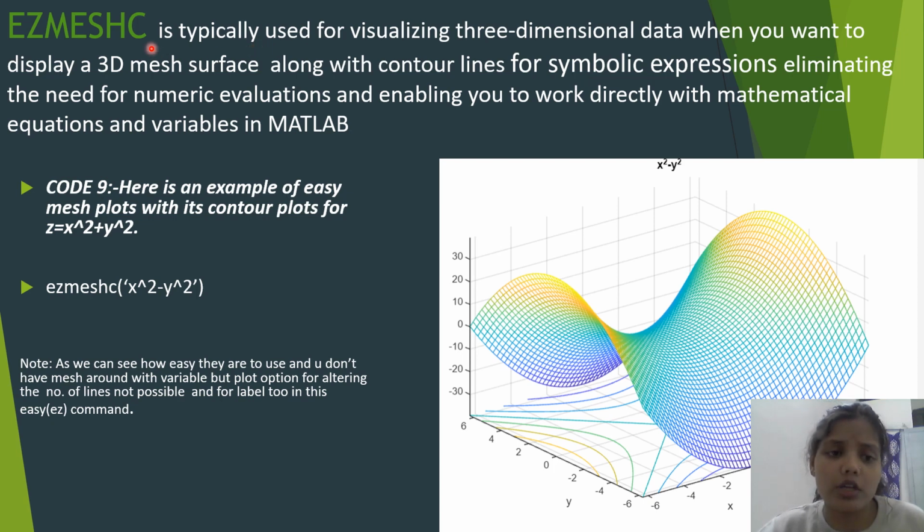So here is again an example for the same equation, and we apply the command, and after that we got this kind of graph. But here the same problem exists, that we cannot alter the number of lines in the ez commands, and we cannot label them either.